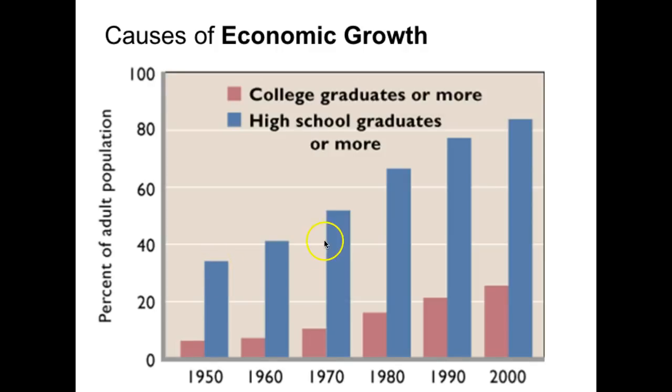So around the early to mid 1980s, we became very critical of our education system. But over time, we continued to produce more and more high school graduates and also more and more college graduates. So we have a lot higher education level, a lot higher productivity and human capital than we had in our economy before.